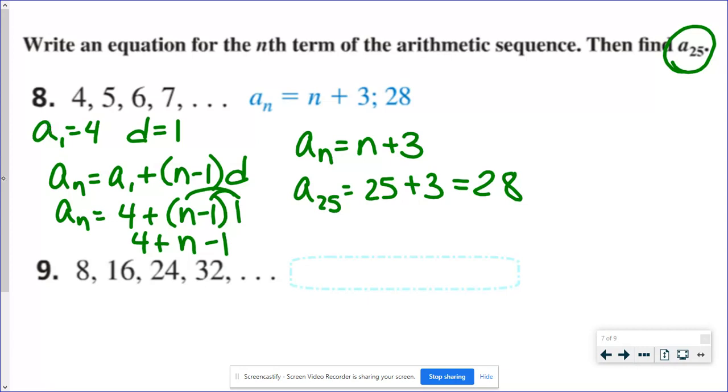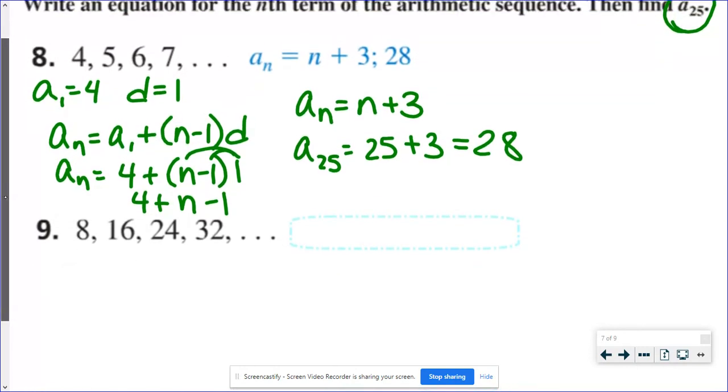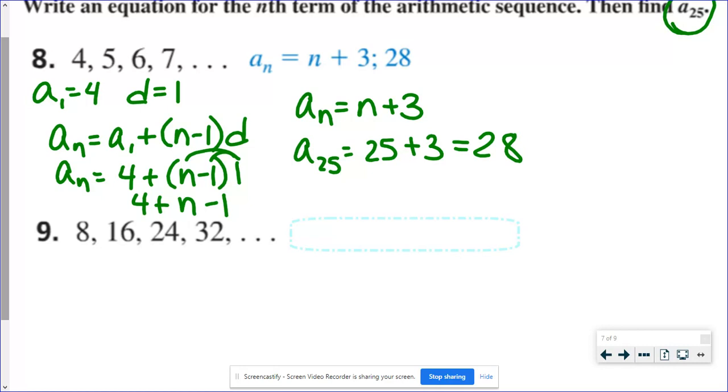Okay. For the second problem, my first term is 8. So a sub 1 equals 8. My common difference, each time I'm adding 8 here. So the d is also 8. So I'm going to use this form right here. A sub n. Instead of a sub 1, I'm going to put that 8 in there.